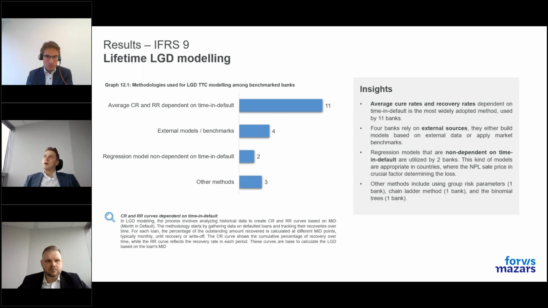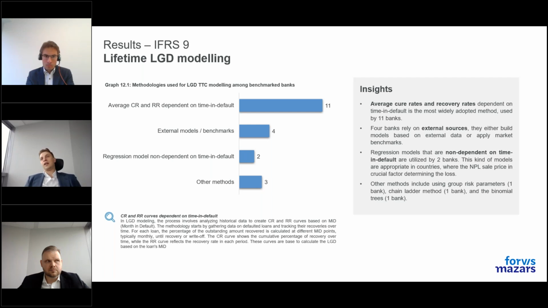So this is the case when the NPL portfolio consists of mostly very old exposures for which the time in default is no longer a differentiating criterion. So the criterion which impacts the LGD more is NPL sale price, which is dependent on the market conditions.